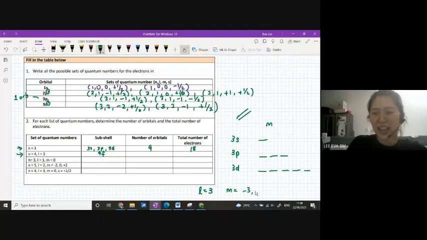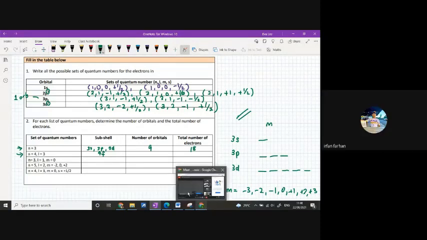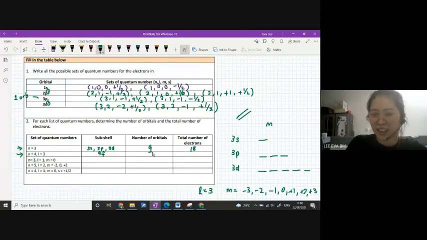Negative 3, negative 2, negative 1, 0, positive 1, positive 2, positive 3. Kira berapa nombor yang ada? 7. Tulis kat sini. 7. So awak mesti kena ingat. S 1 orbital. P 3 orbital. D 5 orbital. Kalau f 7. Okay? So now total number of electrons we have altogether is 14 because 7 times 2.